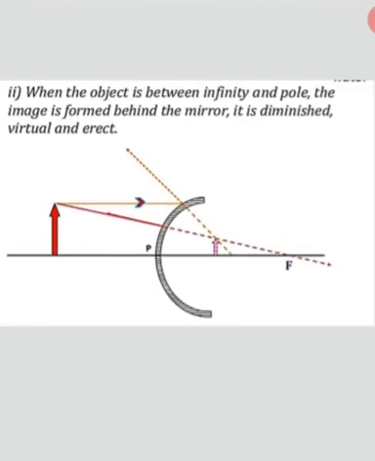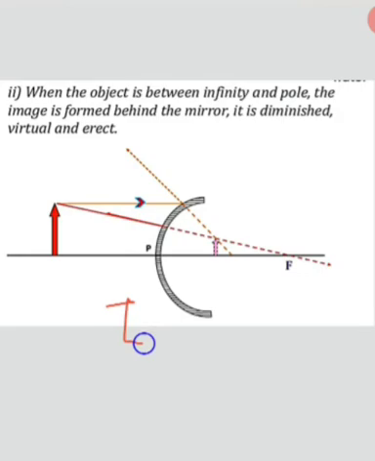Next is the last case of the convex mirror. It is when the object is placed between infinity and the pole. This is the pole, and infinity means outside of the mirror. On this side we can't place an object because this portion is behaving as a reflecting surface. Means the left side of a convex mirror here is behaving as a reflecting surface.